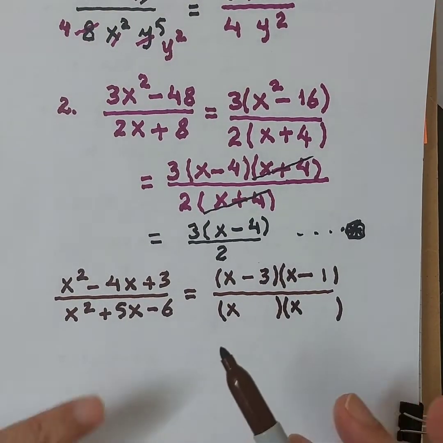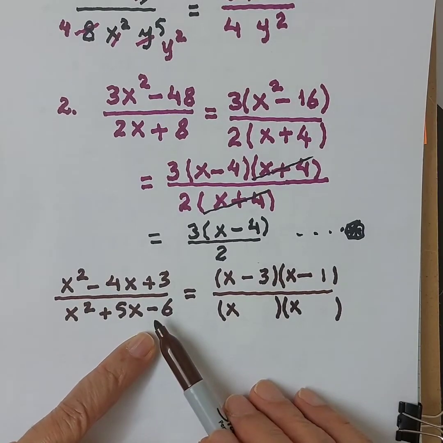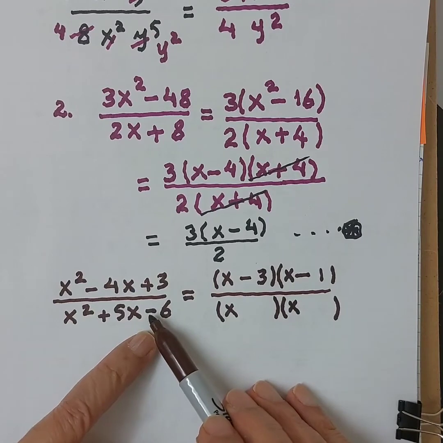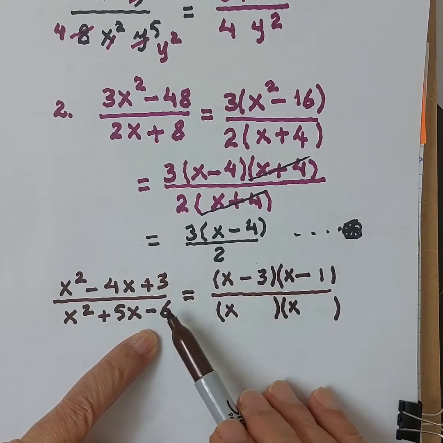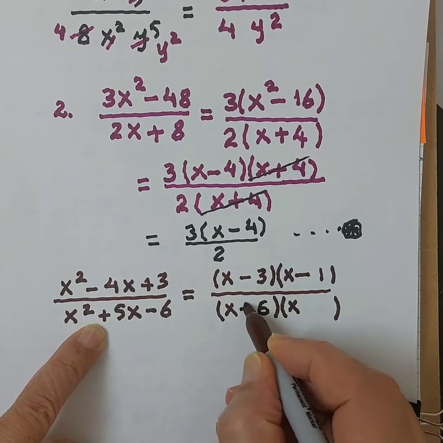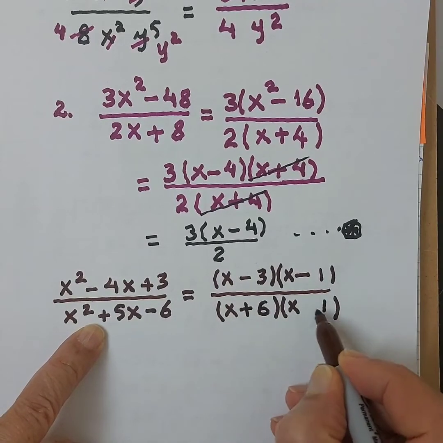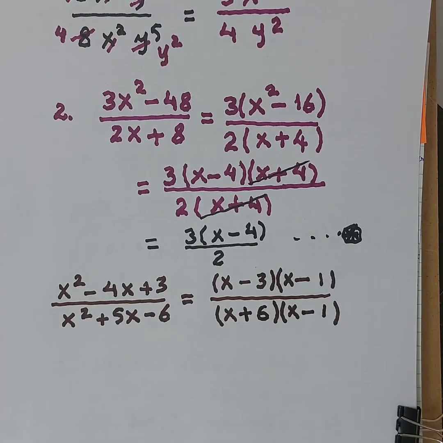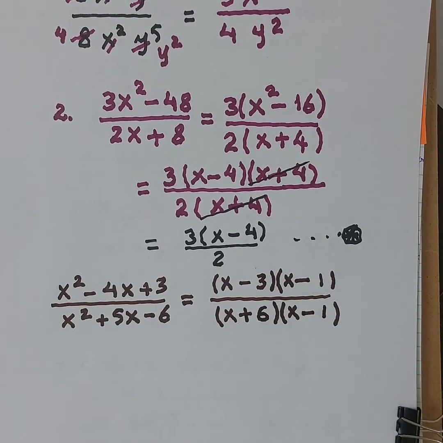Either we can make our decision directly by considering here this is negative. That means the two factors with a plus and one with minus. You see how we decide? Again, I'll explain this.